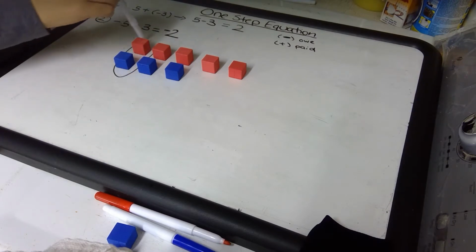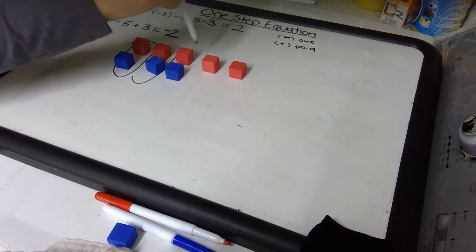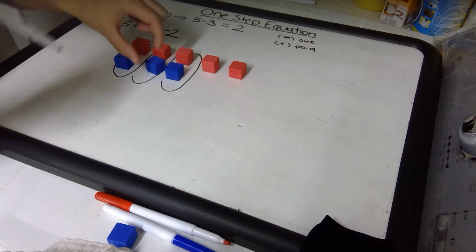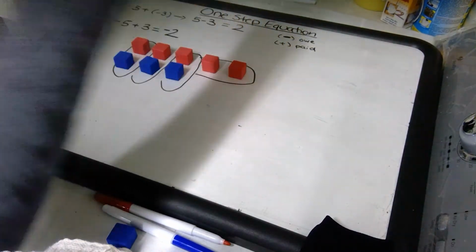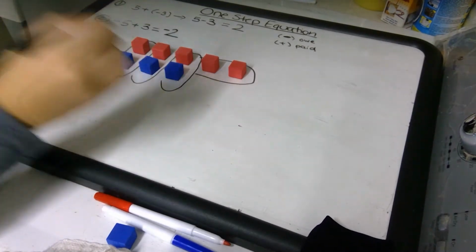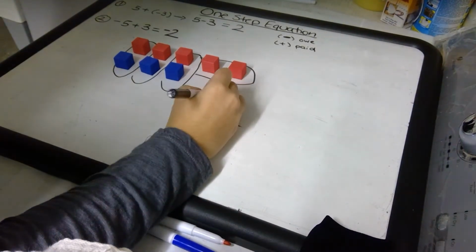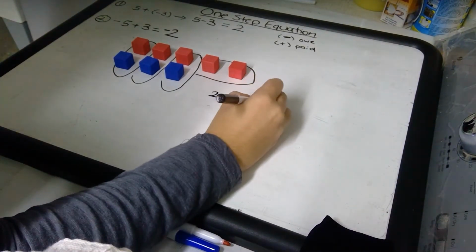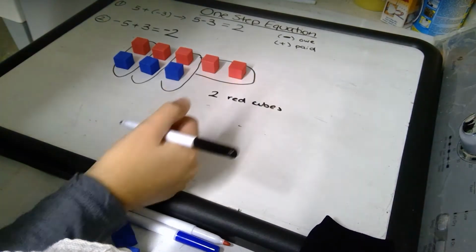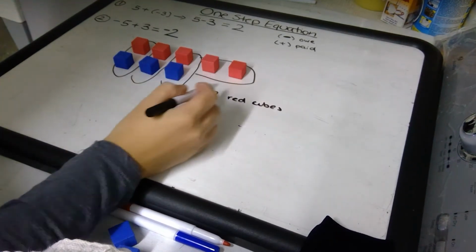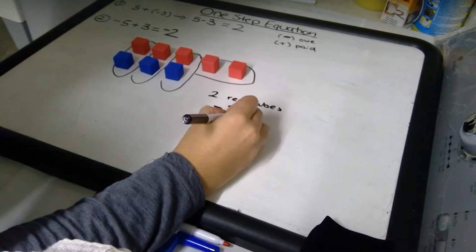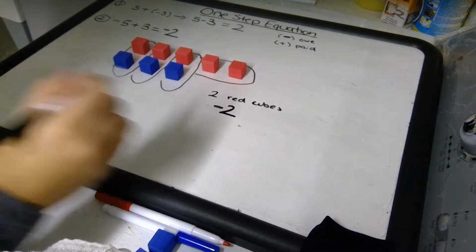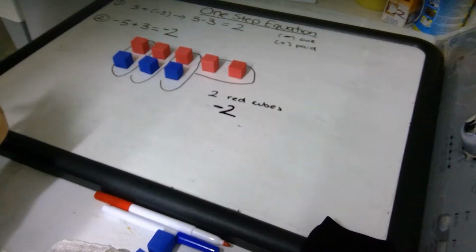We have 1 pair, 2 pairs, and 3 pairs. Then we write our leftovers, right? Here, how many leftovers do we have? We have 2 red cubes. And red cubes mean that they're negative, they're being subtracted, so we need to show these 2 as a negative number.